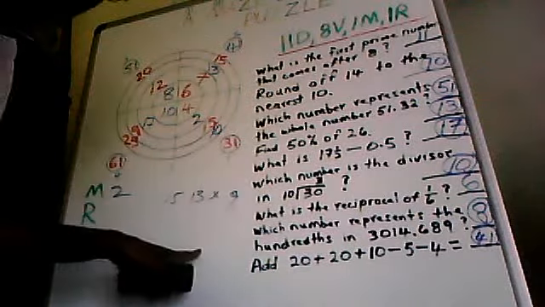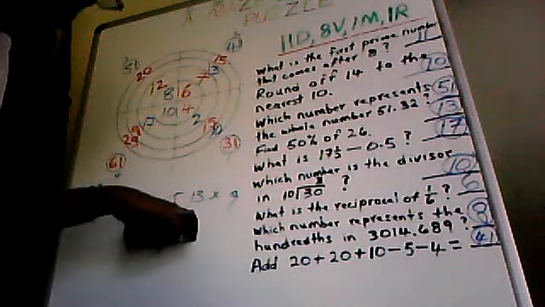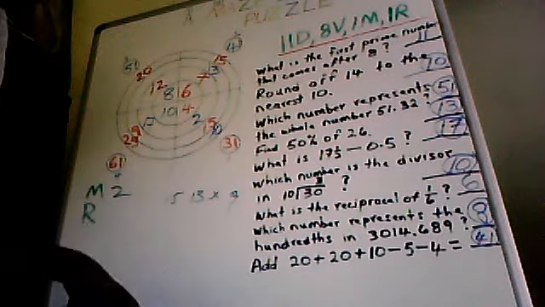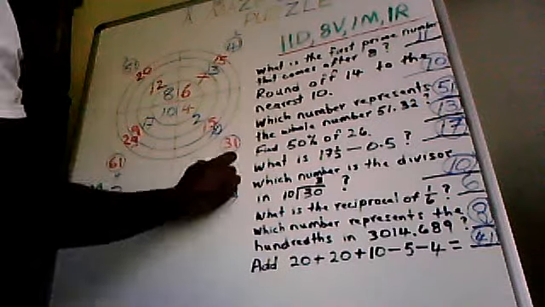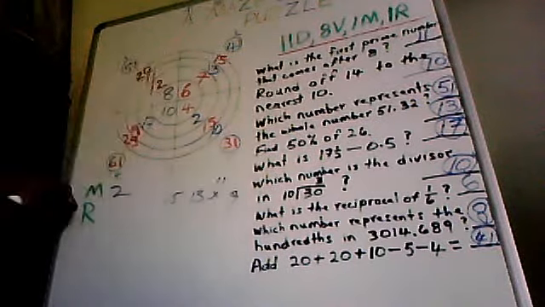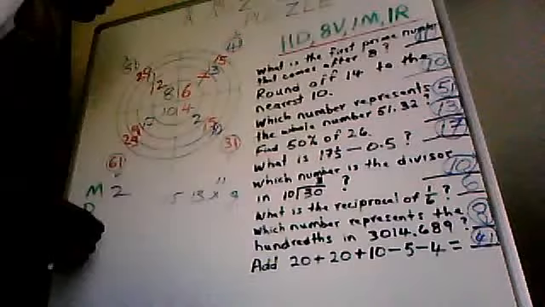I could use the formula to get this, but I'm just going to use my wisdom because these are very simple. Counting down by 2, I will get 11 there. Put 11 there. Get rid of 11 there.